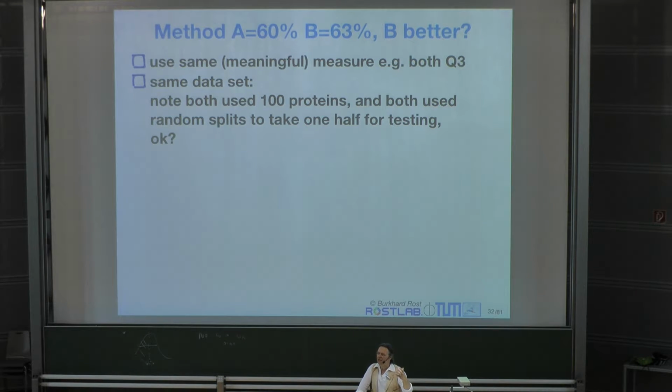So they use in fact 80 for training and 20 for testing. And then they rotate 5 times through. Can I compare these two? And they both claim some number. Say the number that I put up in method A and B, 60 and 63. Is that okay to do?